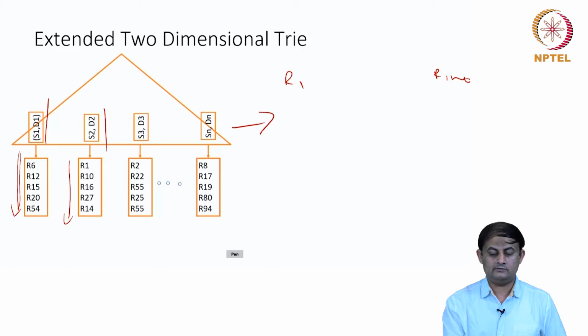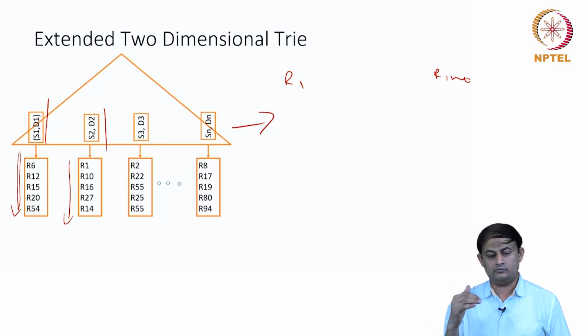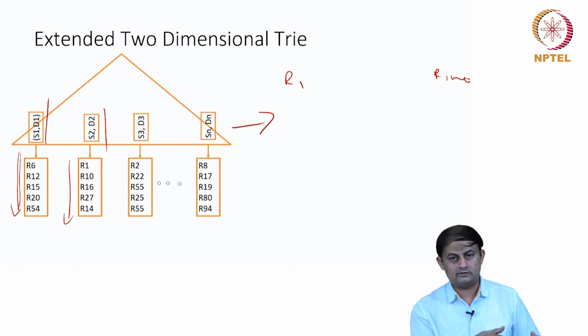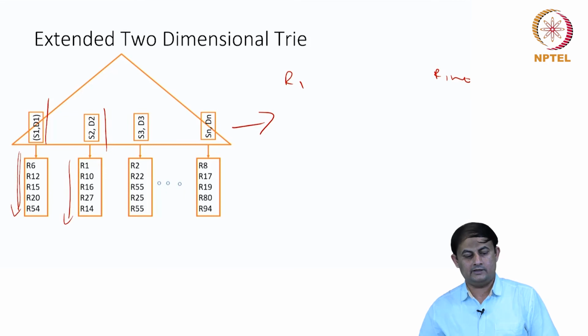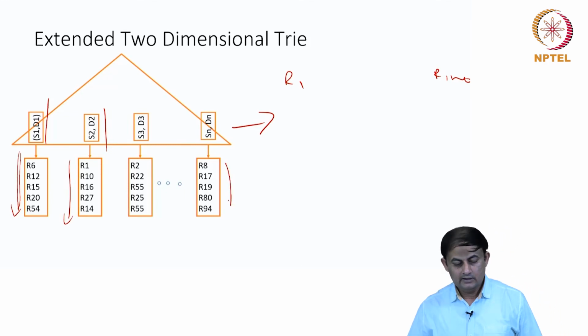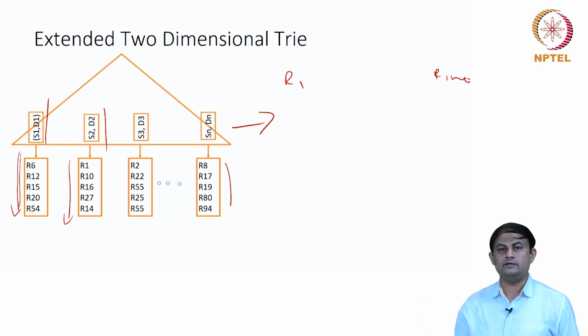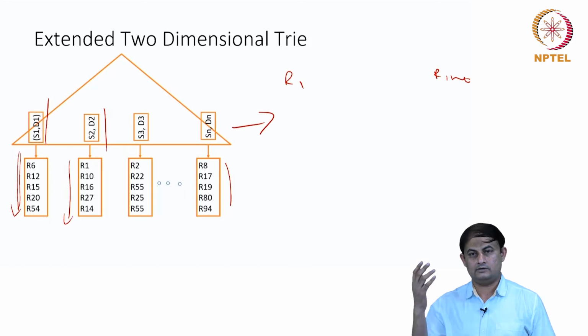And then in the second case, once I narrow down which of these among the list you need to compare, I can go and search linearly one by one, because assuming these are not many in number, I can afford to do that. So that is the whole idea behind the extended two-dimensional trie structure.